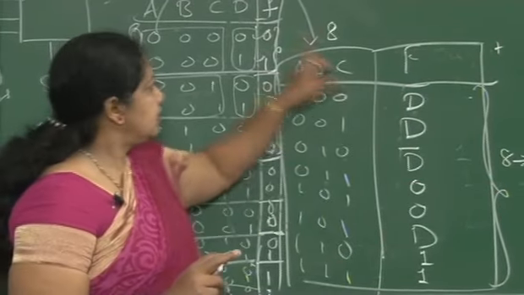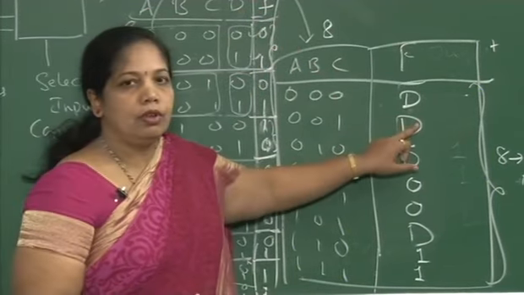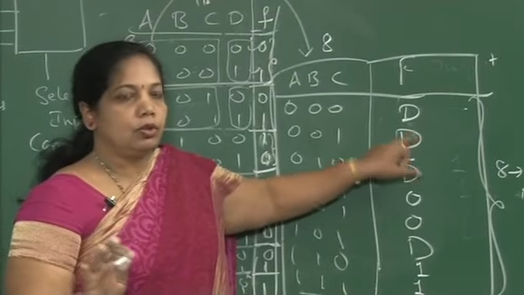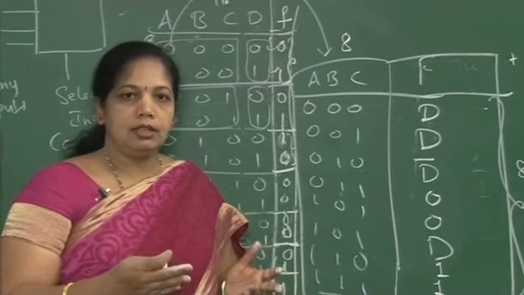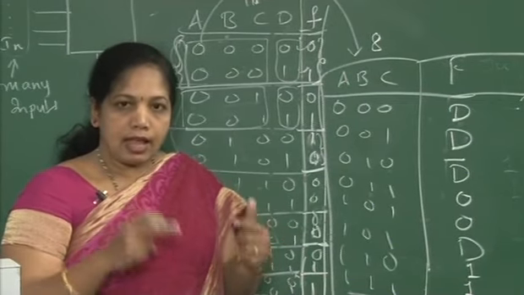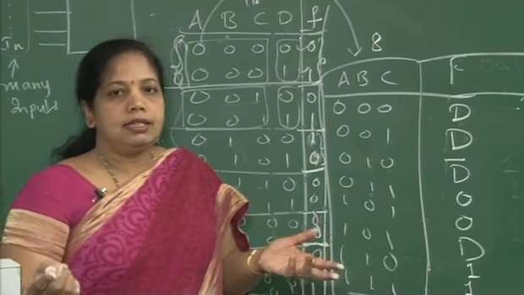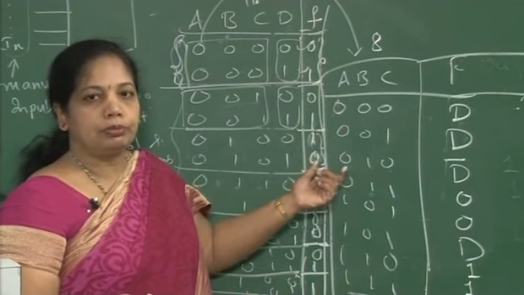In this, the last variable I have eliminated in terms of one of the inputs to the multiplexer. So A, B, C are connected to the selection lines and D will be connected as one of the inputs to the multiplexer. As it is, I can't connect. So what am I going to do? I am using a rule.